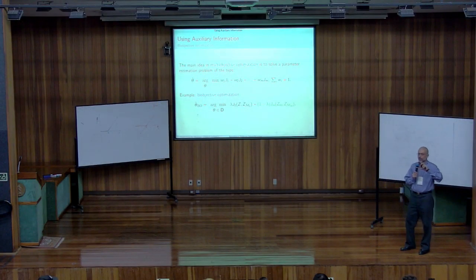We want to use auxiliary information in a different way. Okay? We're not going to go for the constrained estimation, which is what we've done so far. But we're going to do multi-objective optimization, which actually is very interesting. It's a little bit different, and I'll show you the differences. But it's very flexible, and it helps us think of the problem in a different way.